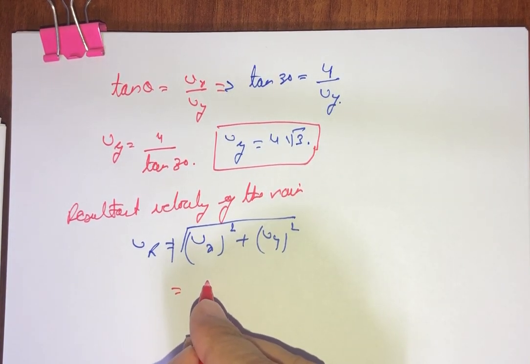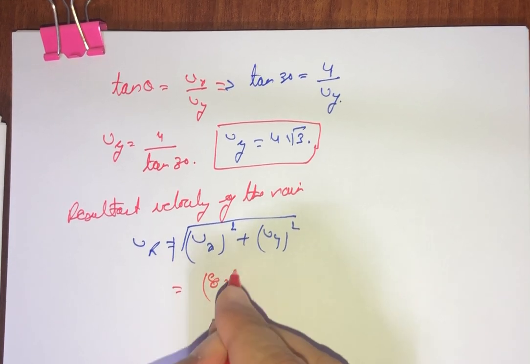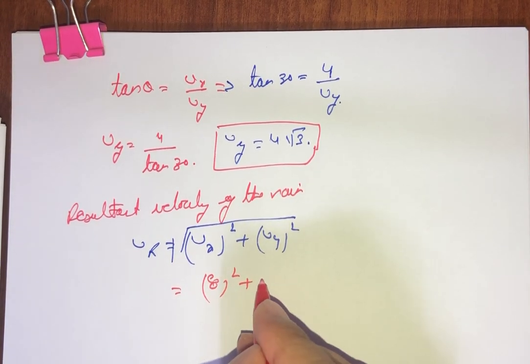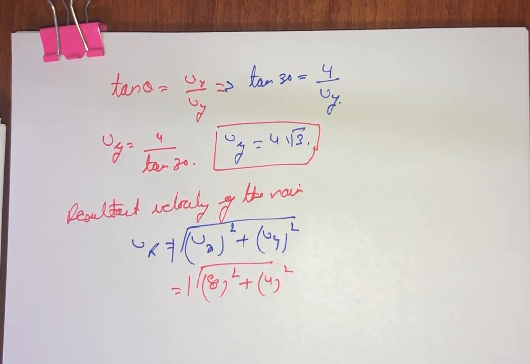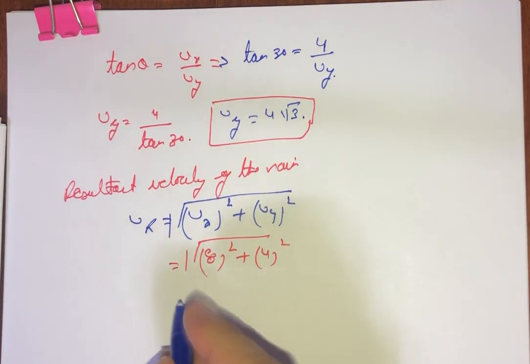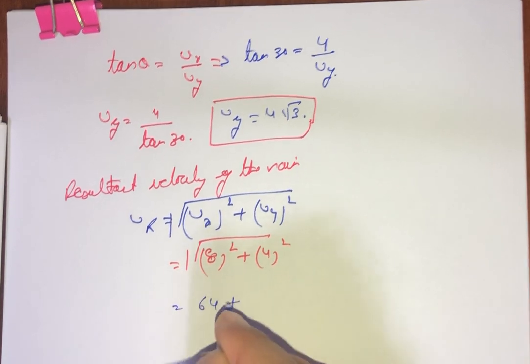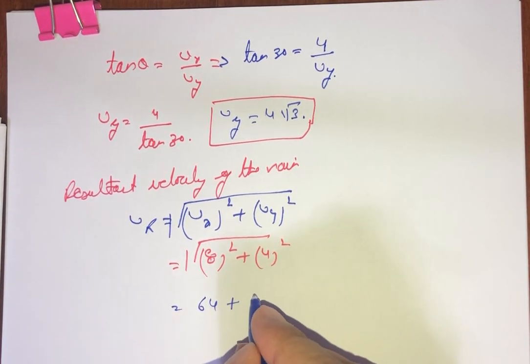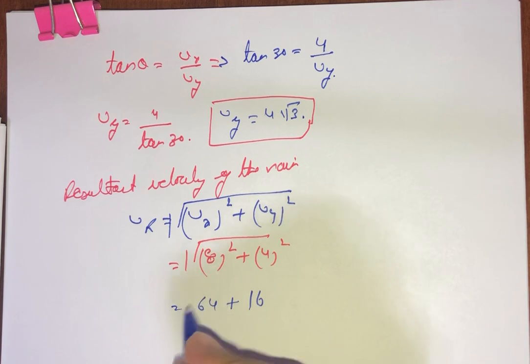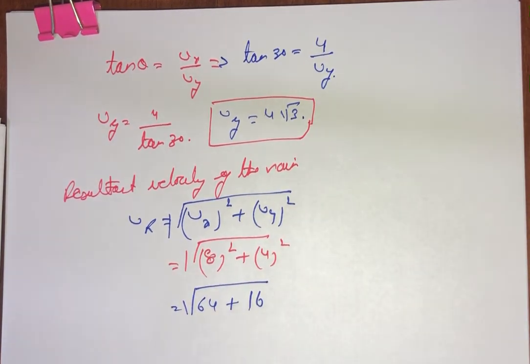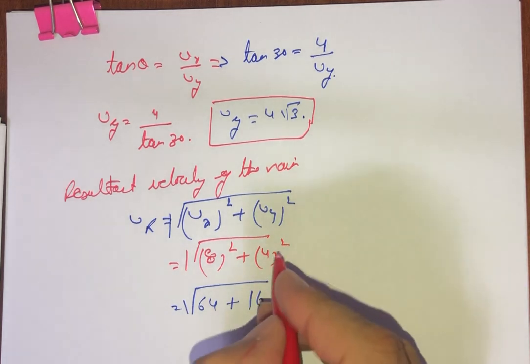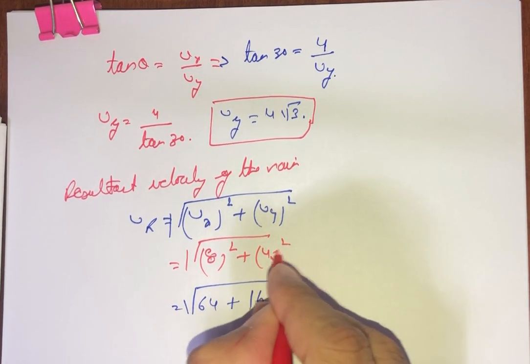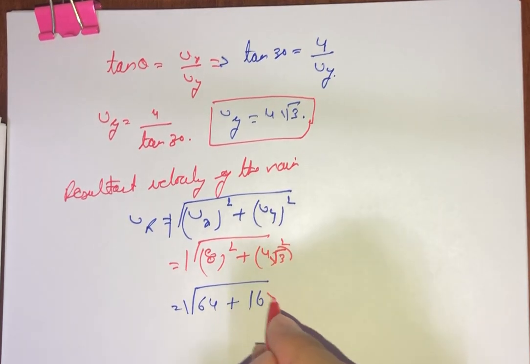We get this as 8 square plus (4 root 3) square, which is equal to 64 plus 16, I missed the 3, so this will be multiplied by 3.